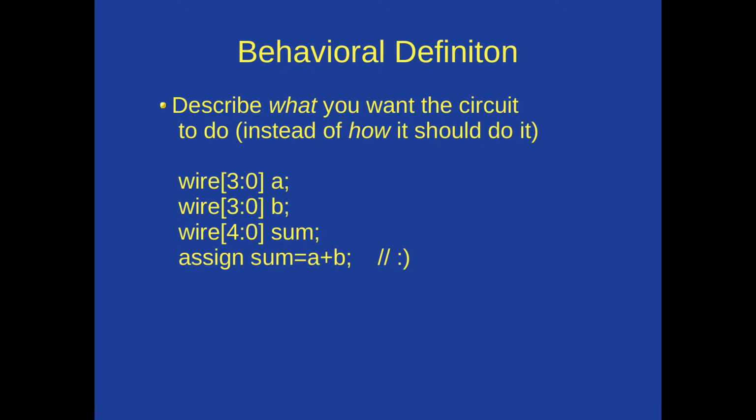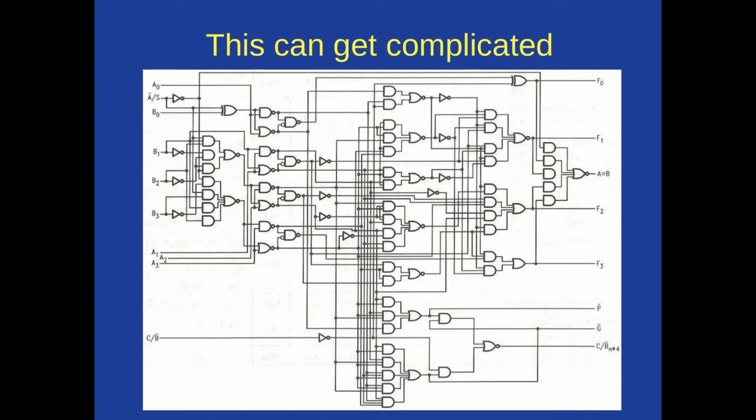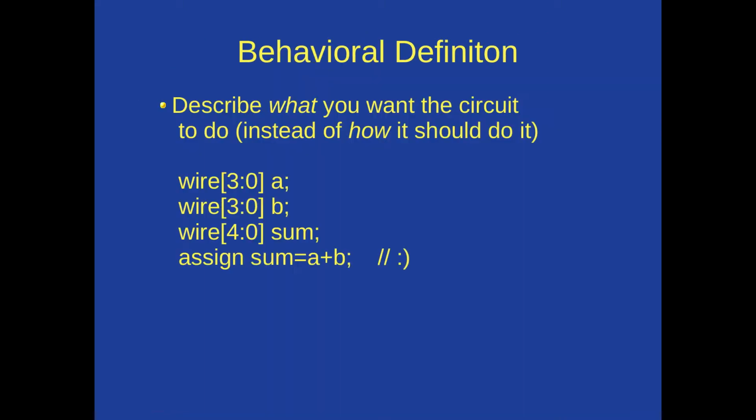We want an input A with 4 bits, an input B with 4 bits. We want a sum with 5 bits, and we want the sum to be equal to A plus B. And that's all you need. And the software tools, the Verilog compiler, will take this and effectively translate it into this. So when you can build something with this complexity by just saying assign sum equals A plus B, now you're in a totally different paradigm.